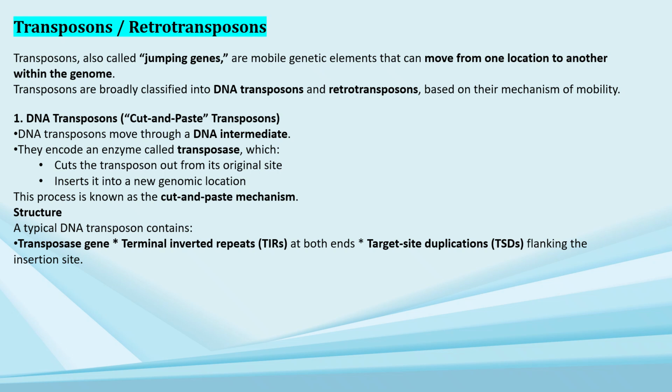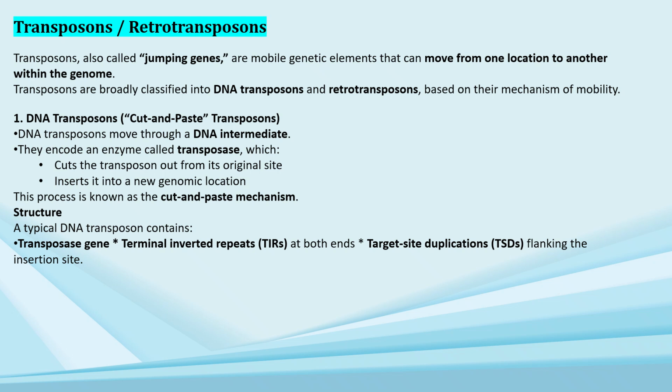Transposons or retrotransposons. Transposons are also called as the jumping genes which move from one location to another within the genome. They are broadly classified into DNA transposons and retrotransposons based on their mechanism of mobility. DNA transposons move through DNA intermediate.